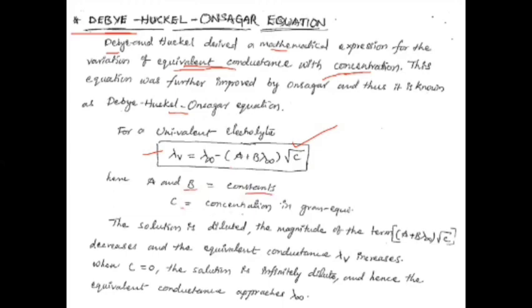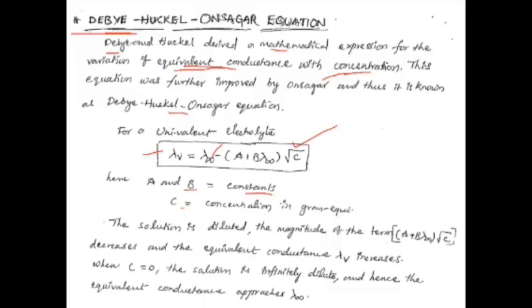C means concentration in gram equivalents. Lambda v is the equivalent conductance at dilution v, and lambda infinity means equivalent conductance at infinite dilution.